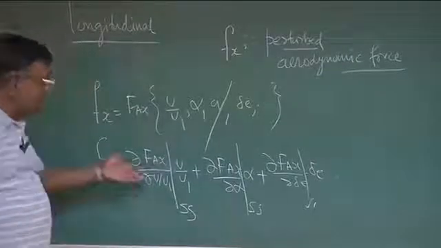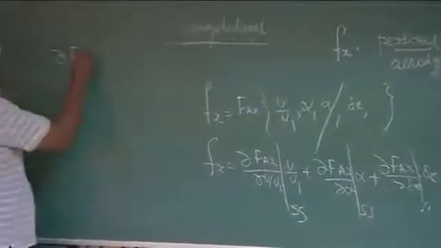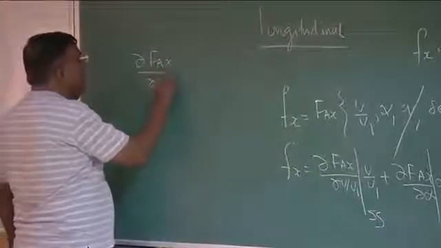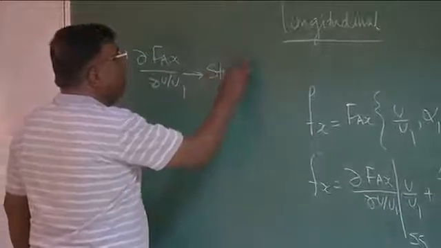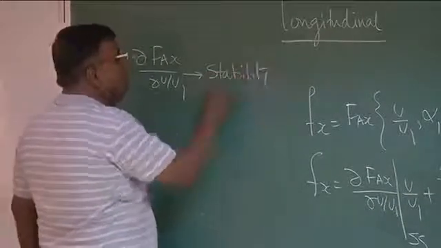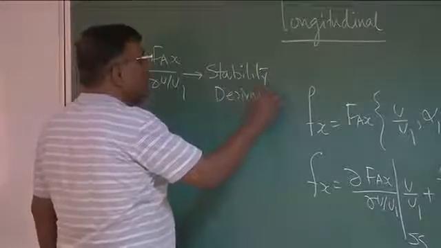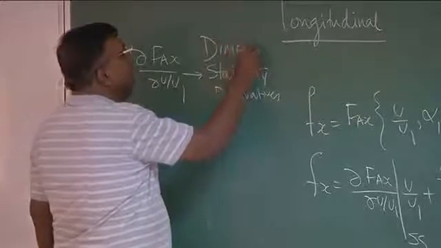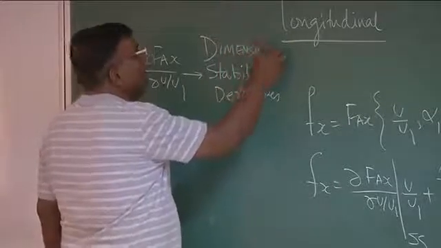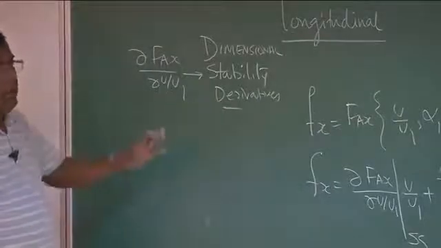And this dFax by du by u1, these are termed as stability derivatives. But these are dimensional. That's the catch point. Dimensional stability derivatives, because they have dimensions. Okay? This one we did.